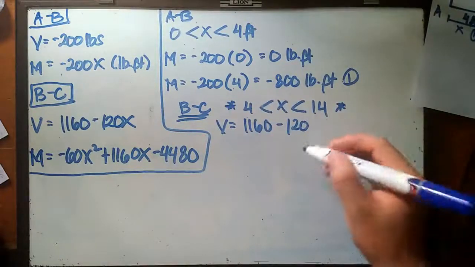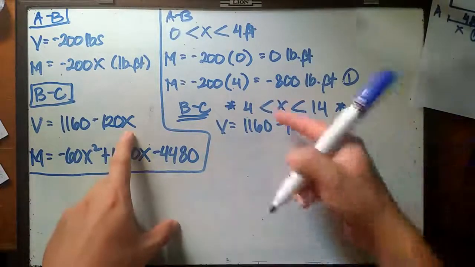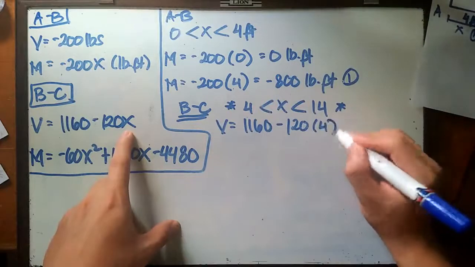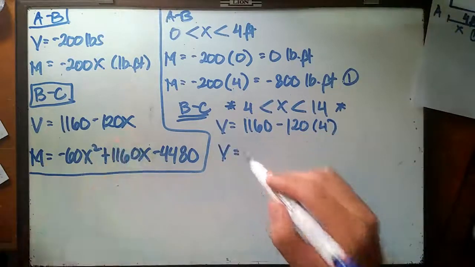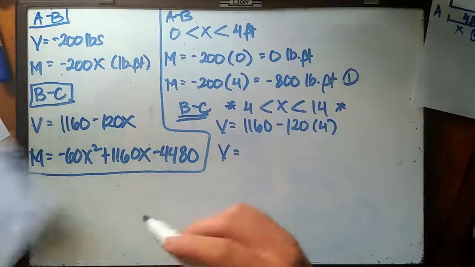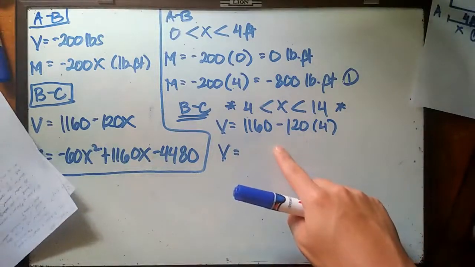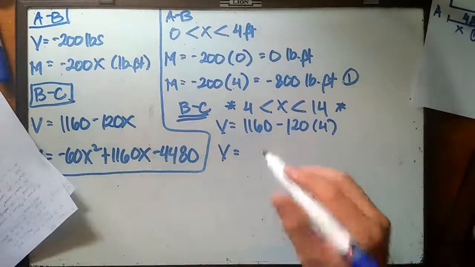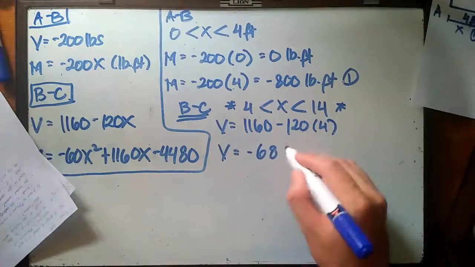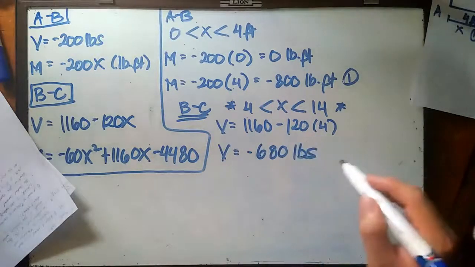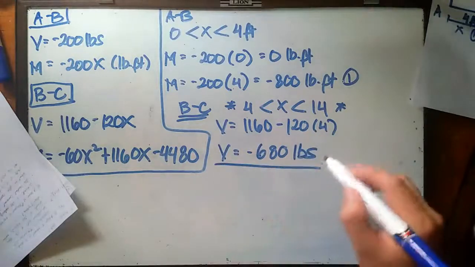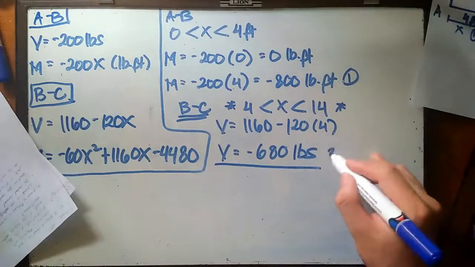Replacing x by 4, if we simplify this one, V should have an answer of about negative 680 pounds. Let's say this is number 2.